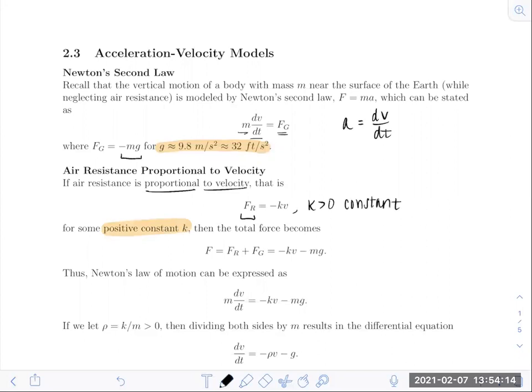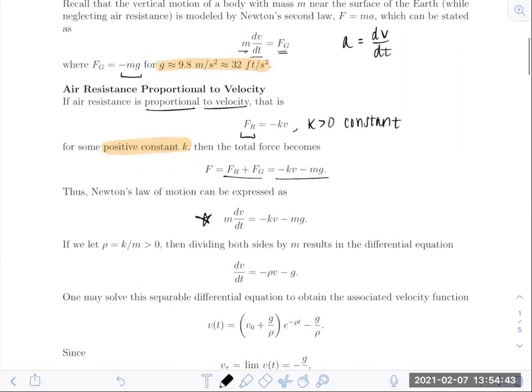All right, so now what we'd like to do is get the total force, which is the sum of the force due to air resistance and the force due to gravity. And so you can see we've added those there with our negative kv for air resistance and negative mg for the force due to gravity. So now if we set F equal to ma, we obtain this middle equation here, again, where dv/dt is a.